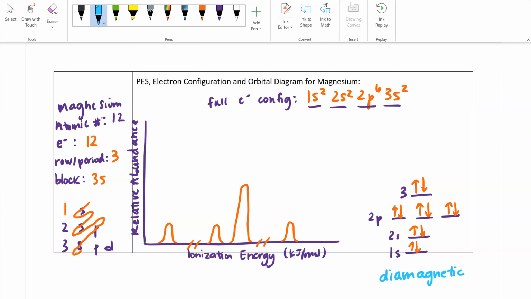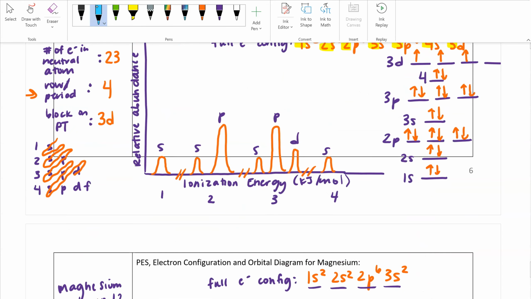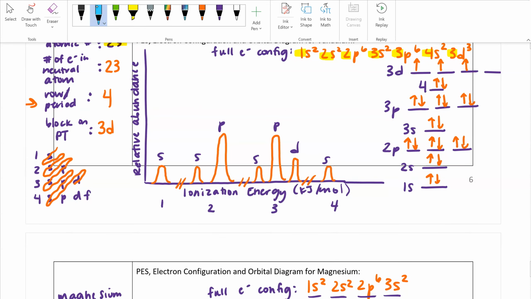Everything is paired up. If I look at vanadium, I have 3 unpaired electrons. So this would be a paramagnetic atom, and it would interact with a magnetic field or respond if you held a magnet next to a piece of pure vanadium. They would be attracted to one another.